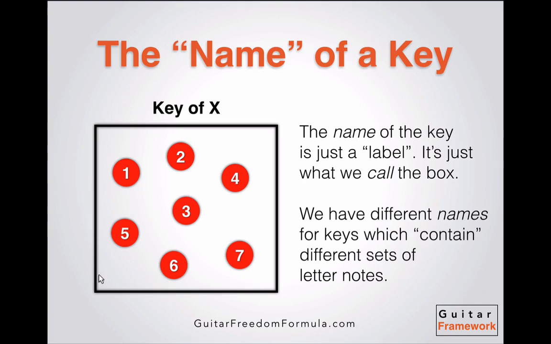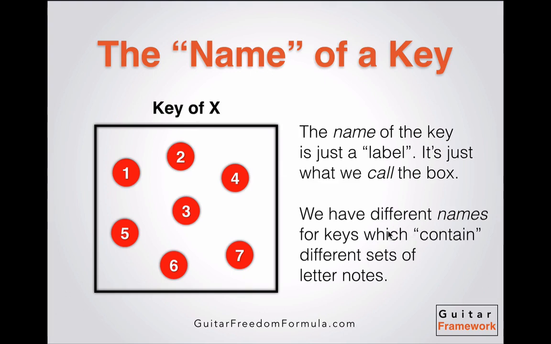So 3 notes inside this box, okay? Again, this is just an example. You know we have 7, but let's just assume 3. So inside this box, let's say the key of X, which is what I have labeled here. In the key of X, we have the notes A, B, and C.